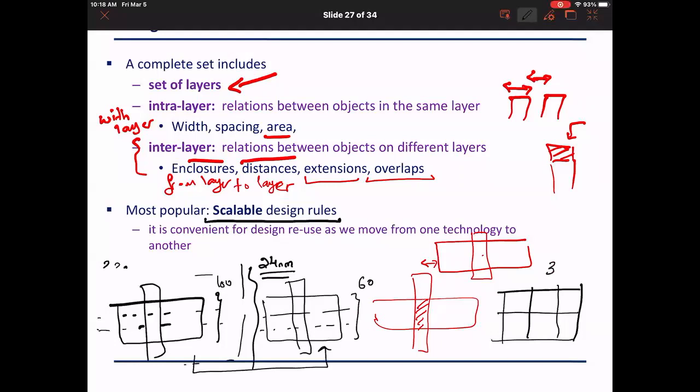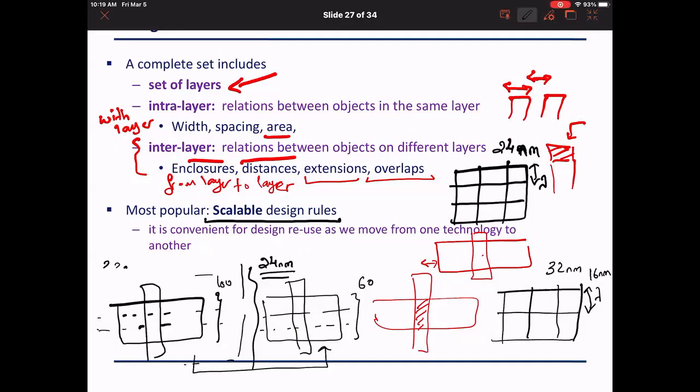If in 32 nanometer I said the distance or the lambda of one block is 16 nanometer, then for the same drawing in 24 nanometer, if I want to adopt the same, what should this lambda or distance be? What happens? If it was half of 32 in the 32, then in the 24, to keep the transistor drawing the same and not change it, what should lambda be in 24 nanometer? 12. 12, right?